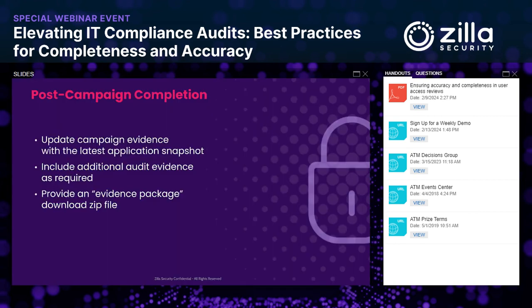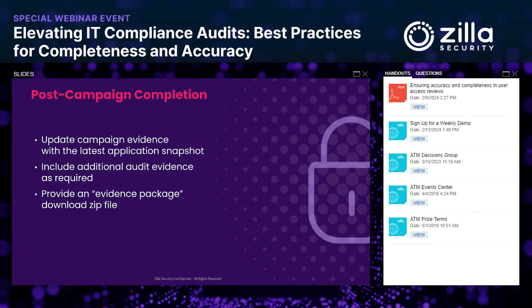Once the campaign is completed, the snapshot of the application and accounts and permissions is included in the campaign evidence as well. And this is really the after campaign view. So it's the other side of the before campaign snapshot and then after the campaign was completed snapshot. So you have the difference of the accounts and permissions in the application.